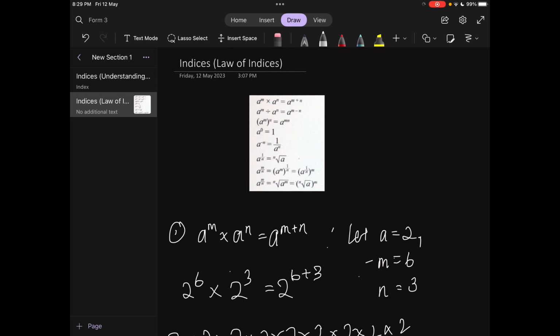A to the power of negative n becomes the reciprocal. A to the power of a fraction becomes root. Then the last two are just combinations that we get from the 6th law. So these are the laws that build the core, the backbones of this entire topic.